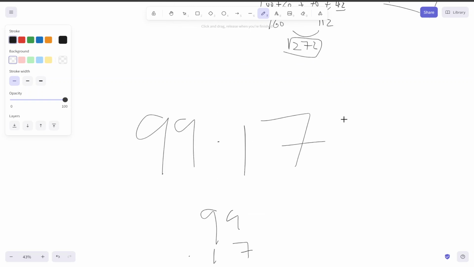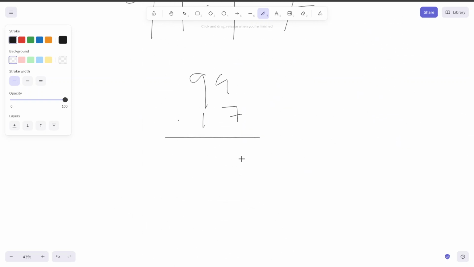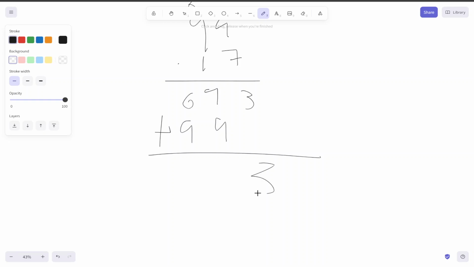All right, if we use this algorithm that we're shown here, 7 times 9 is 63, so we have to write 3 here, 60 here, and then 17 times 9 is 63 again, so 69. Because it's going to be 63 plus 6, so 69. So 1 times 9 is 9, 1 times 9 is 9 again, so we add them together. 3, 9 plus 9 is 18, so we have to add 1.